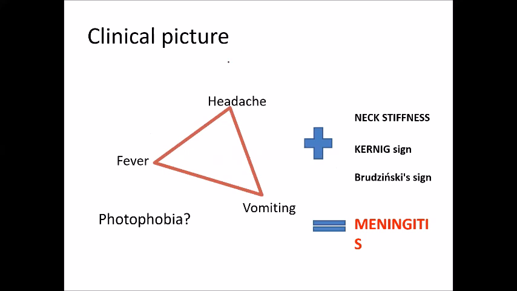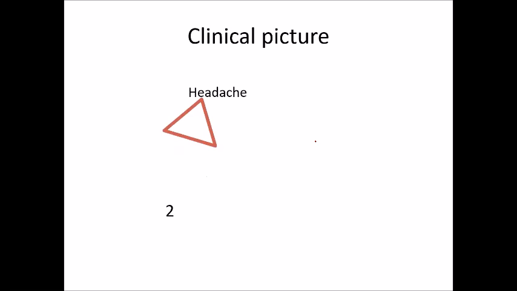So to summarize what we said, the clinical picture: we see usually headache, fever, and vomiting. So we put it in this way: headache, fever, and vomiting. This triad is the basic triad of meningitis.